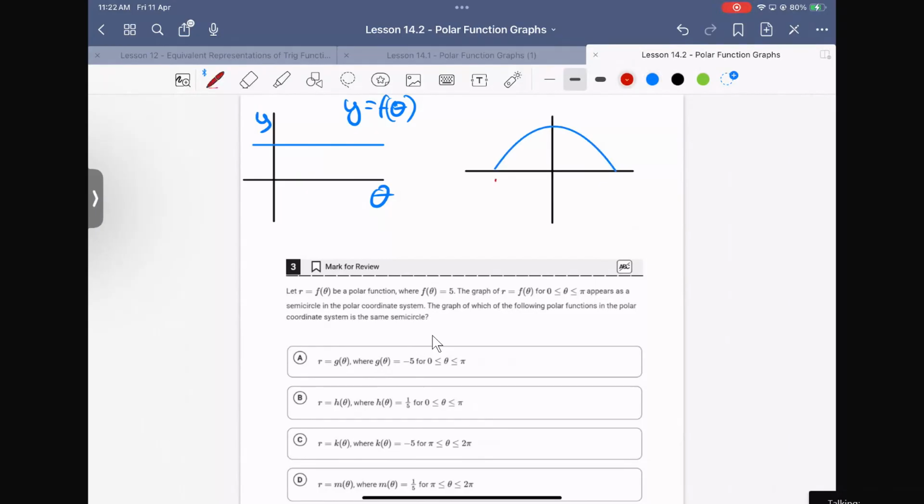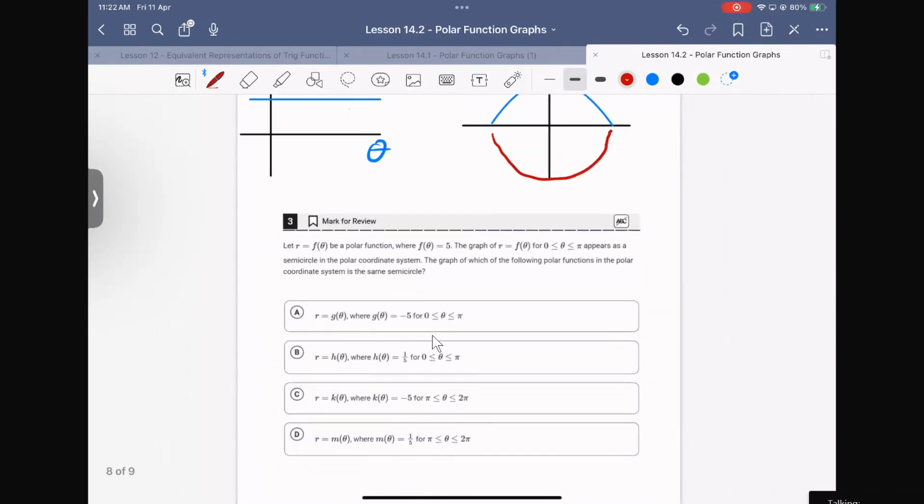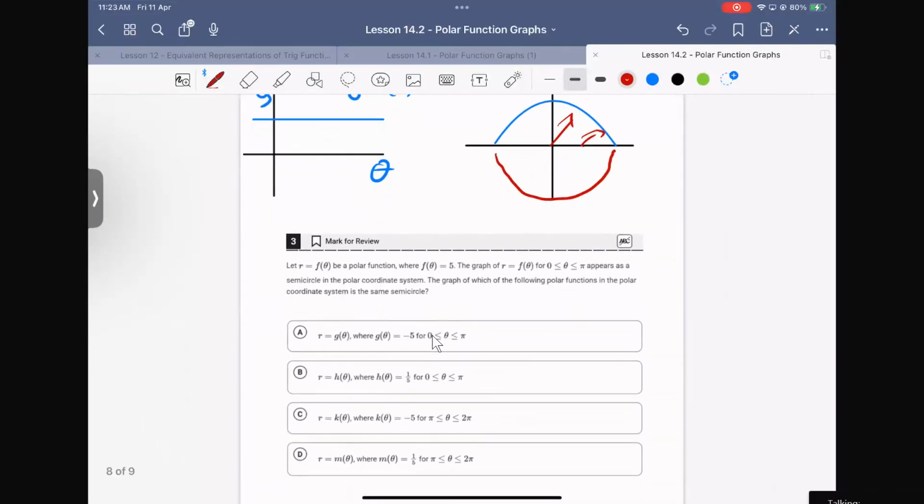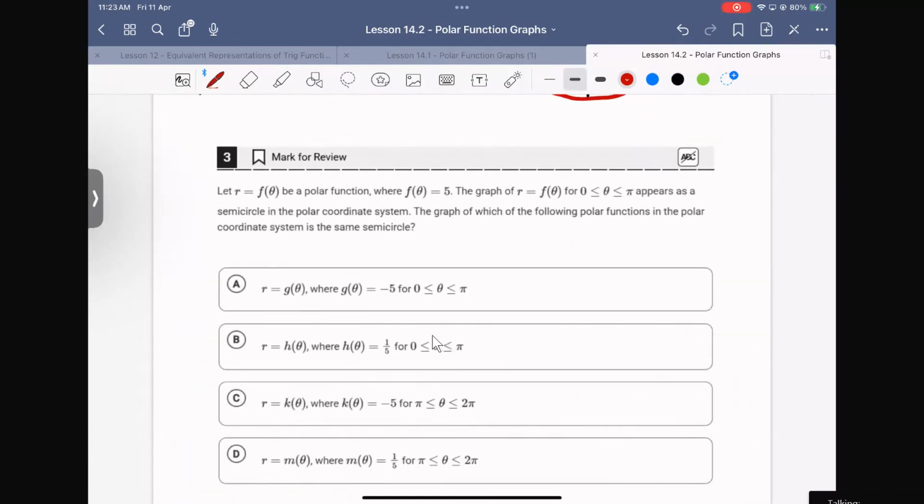We need to complete the circle in this direction. And if we go from 0 to pi, pointing in this direction, we just check the different answers. So the graph of, sorry, we're not completing it. Which of the following graphs of the polar coordinate is the same?